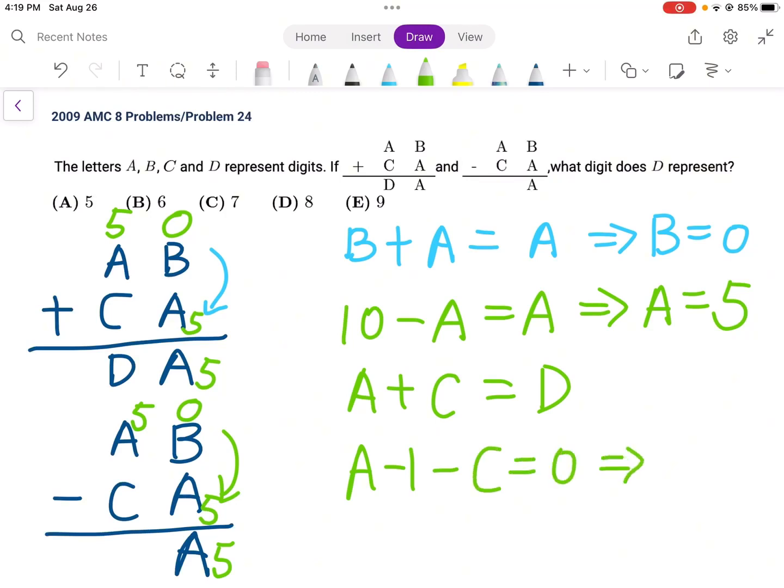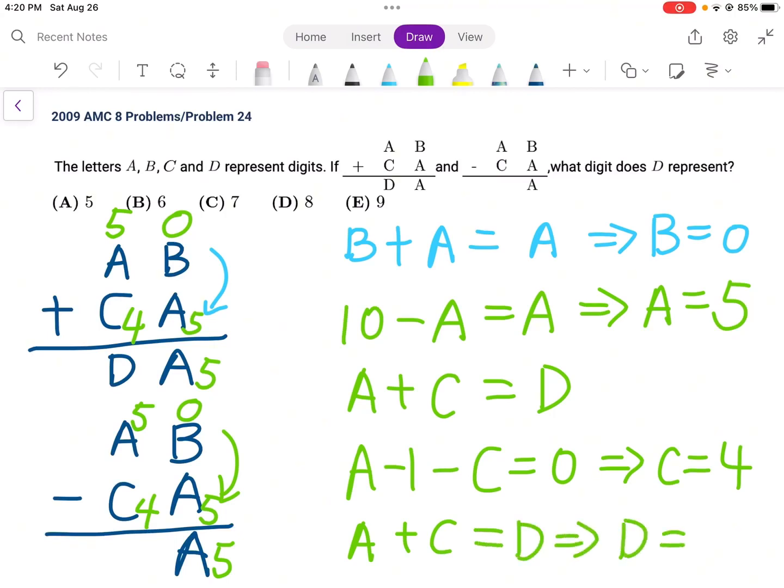This means C equals 4. So we can put C equals 4 in both equations. That means A plus C equals D. We get D is 9. Therefore, the answer is E.